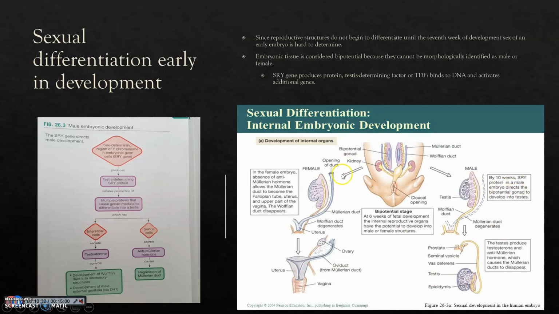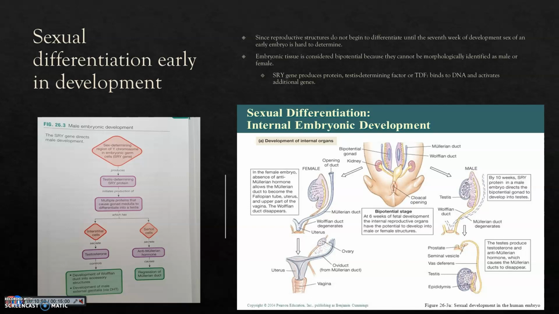When it's not present, on the other hand, the Müllerian duct stays intact and actually develops further, right? So in the female embryo, absence of anti-Müllerian hormone allows the Müllerian duct to become fallopian tube, uterus, and upper part of the vagina. And the Wolffian duct is the one that disappears here.